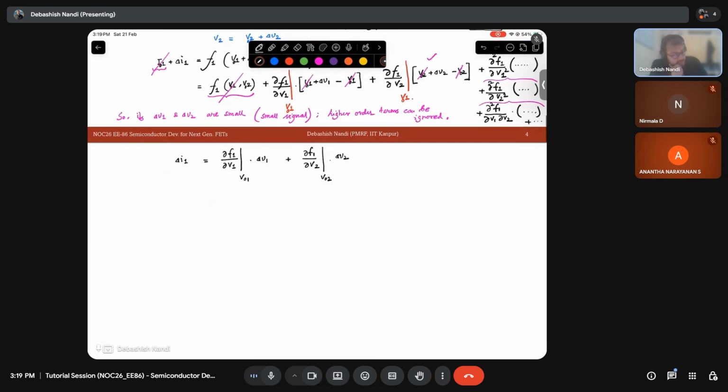Fine. Now note this very carefully. This is your small signal current. These are your small signal voltages. So this I is basically nothing but your F, so your dF/dV will be dI/dV.